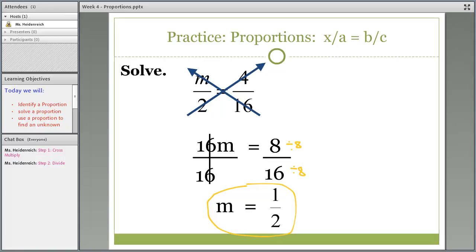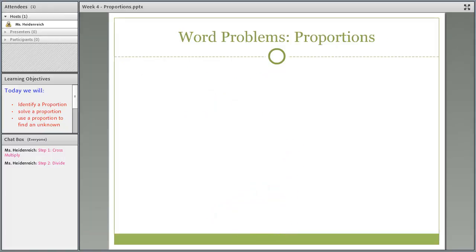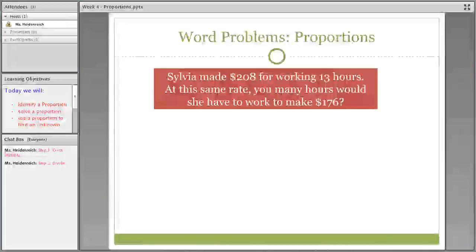Okay, I have a few word problems as well, which is our last objective for today. So we want to use proportions to find unknown values in real situations. So here's an example of someone earning money. Sylvia made $208 for working 13 hours.